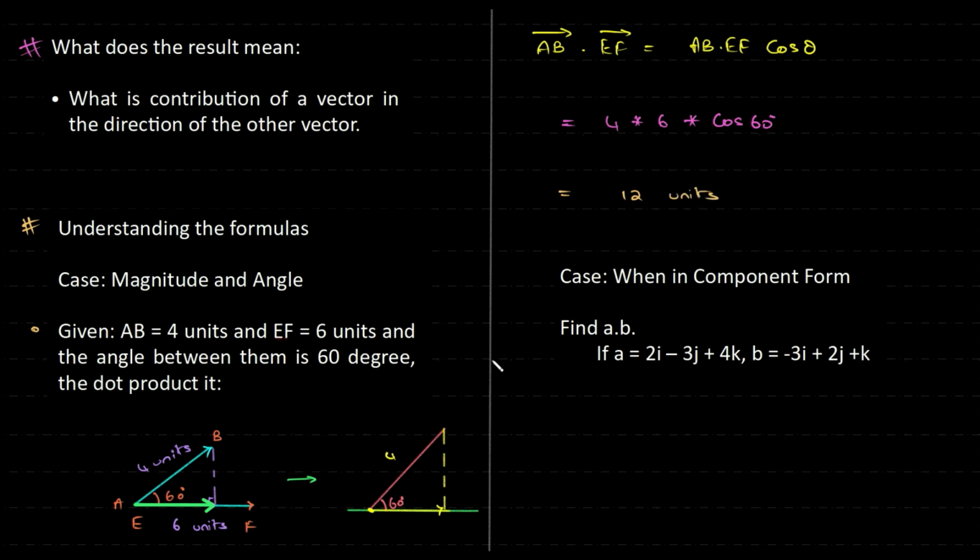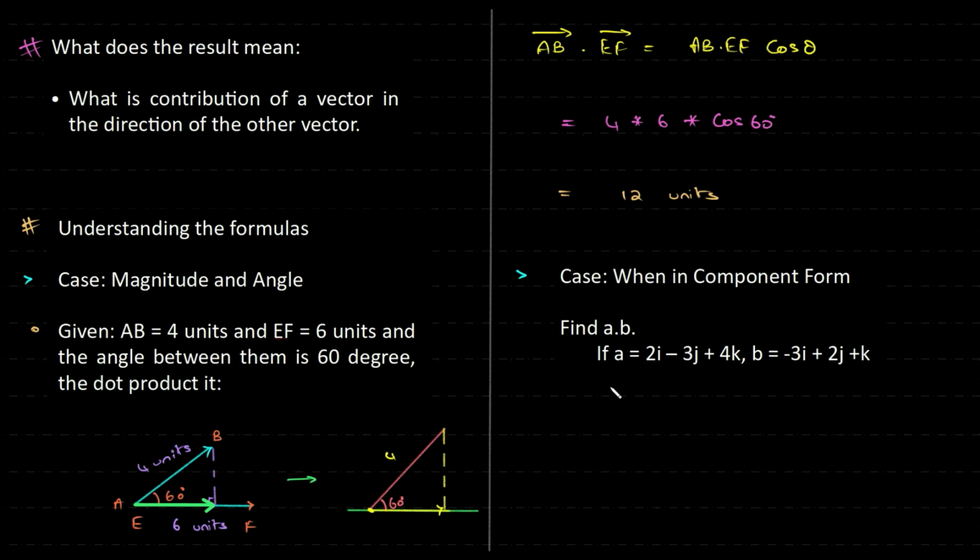Okay. Right. Now, what is it that we're looking at? We're looking at the projection of a particular vector onto the other vector. So the projection is 2 units and the original vector is 6 units. So 6 into 2 is 12.